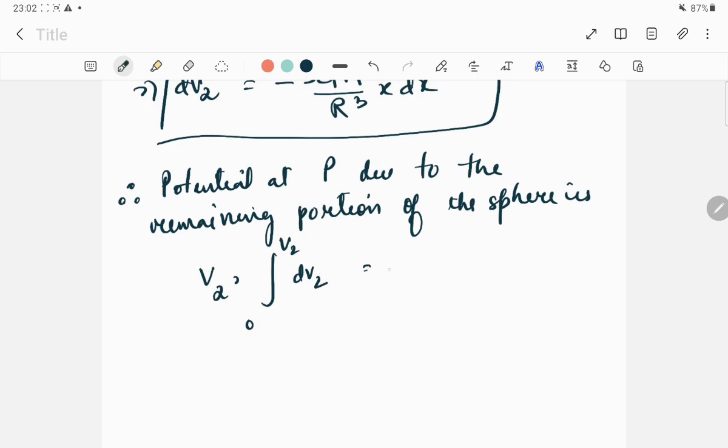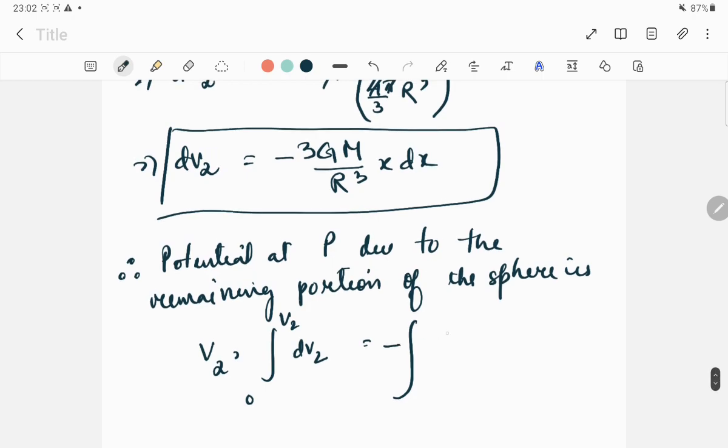So in our case, dV2 is nothing but minus 3GM by r cube x dx.